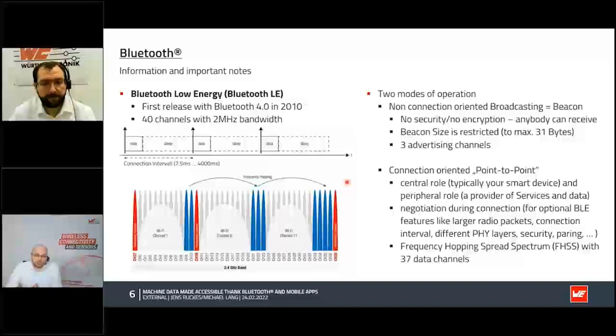There is always a master needed who starts the conversation, and this is called in Bluetooth the central role, and it's typically the smart device. On the other hand side, there is the slave. It's called peripheral in the Bluetooth world, who sends the data, for example, and is typically the device you want to connect to your smart devices.